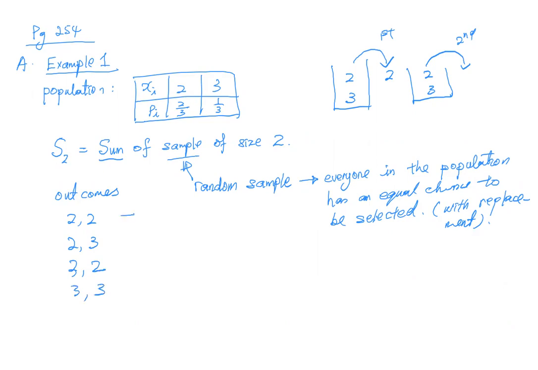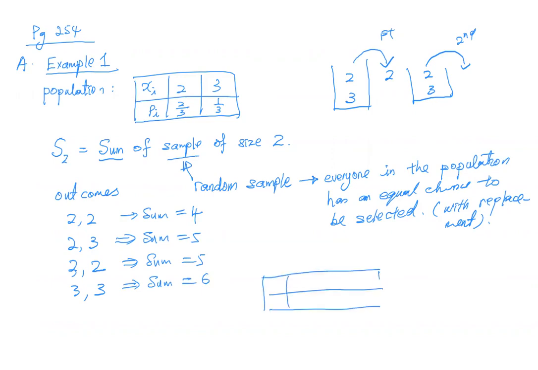This one, the sum is 4. This one, the sum is 5. This one, the sum is 5. This one, the sum is 6. So that's why my S2 variable will be 4, 5, and 6. Now you understand?